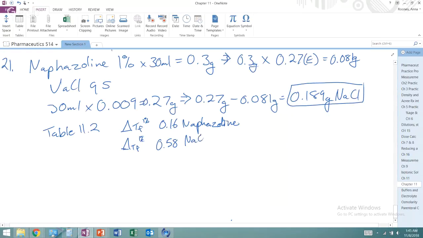You would divide the two, so you'd take 0.16 and divide by 0.58, and you would find that it would be 0.27 E. So it's the same here as here.